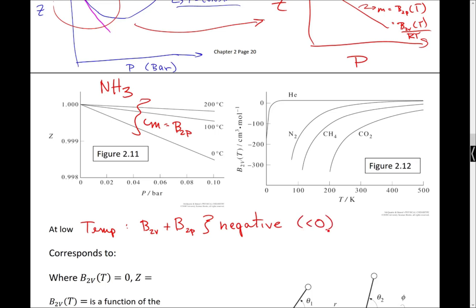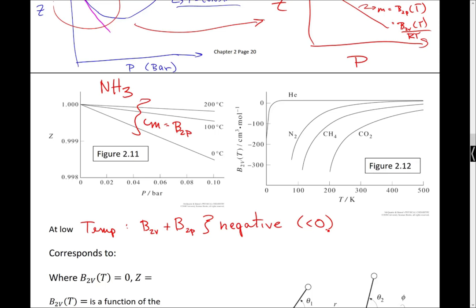Right? And that negative deviation from 1 we've attributed to attractive intermolecular forces. So consistent with what we've previously talked about with compressibility factors, if I'm looking at low temperatures for a given substance, I see that attractive interactions are important.